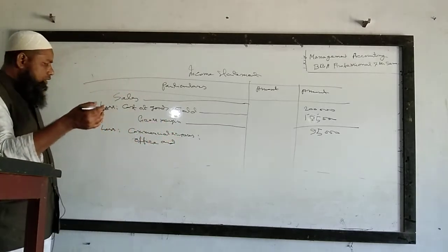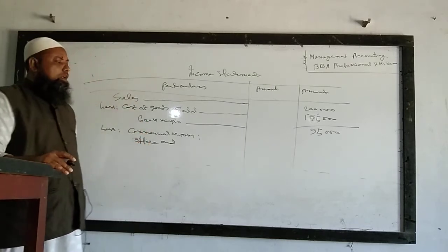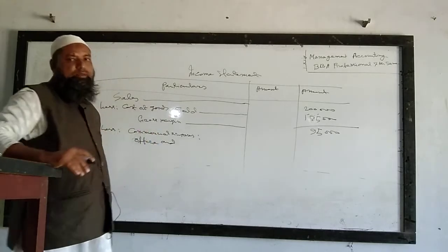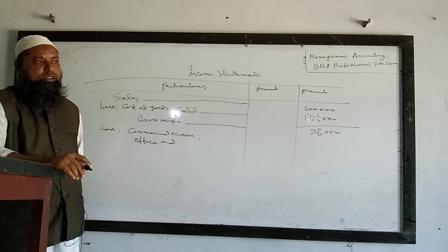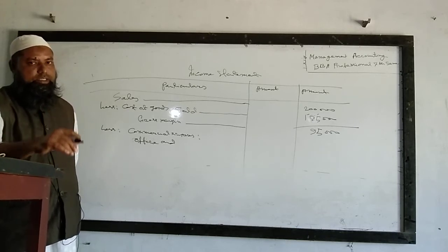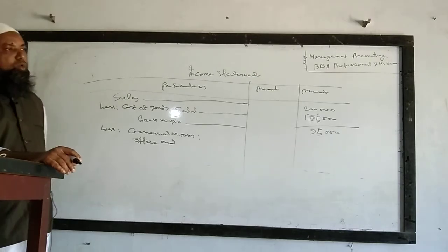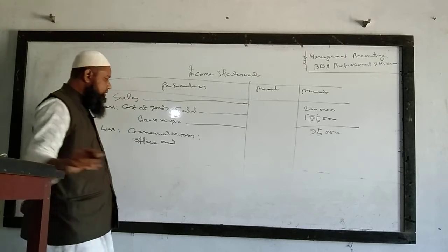Varieties types of office and administrative expenses included in these expenses. Office and administrative, say for example, general manager salary, general office building rent, general office electricity expenses, all the general expenses included in the office and administrative expenses.